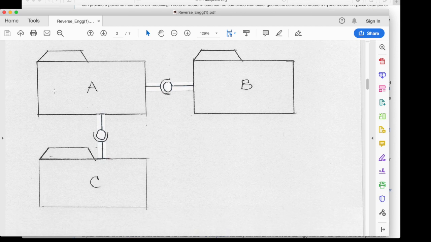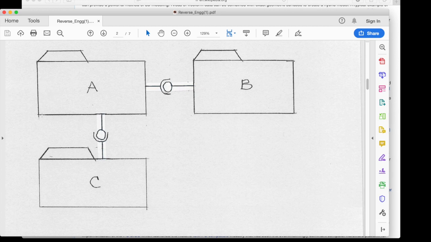So instead of reading hundreds of classes, you can reduce the number of elements in your design into a lesser number of units like packages.